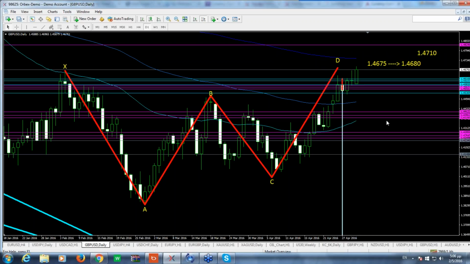If at all you have bought from C to D, you're looking at buying it at the cross area here, but then you should be already exiting at 1.4670 early before it reaches the 80, correct? So this zone here now, the price is playing at a very dangerous zone, because it's a highly significant support resistance area, as you can see.